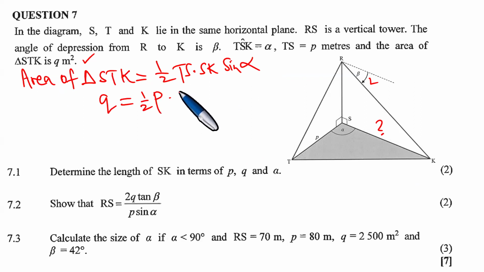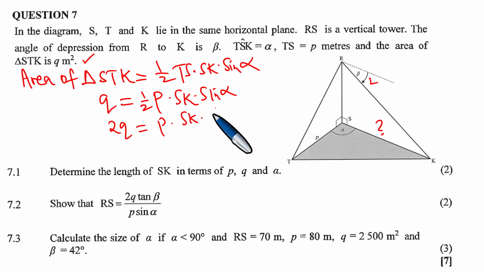And then you have SK times the sine of alpha. We cross multiply, we get 2Q equals P times SK sine alpha.